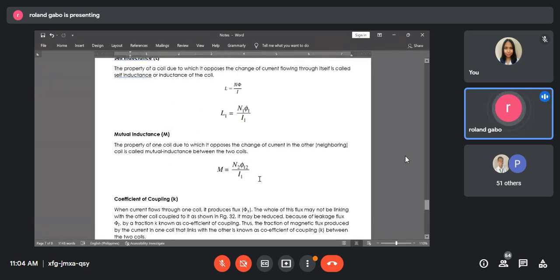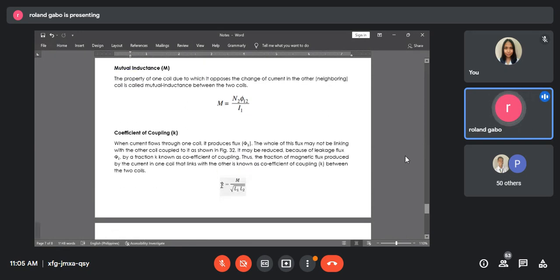So that is the general formula. So sometimes kay dili na gihatag na ng flux linking between the two coils. So murag na given kay is kaning coefficient of coupling. Sometimes na kay coefficient of coupling ang gihatag.